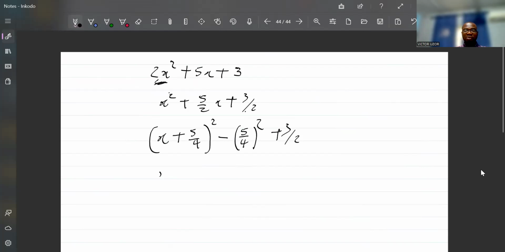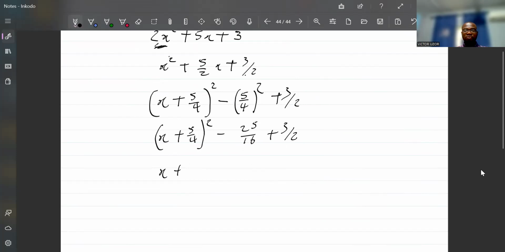So from here, I will have (x plus 5 over 4) squared, negative 25 over 16 plus 3 over 2.